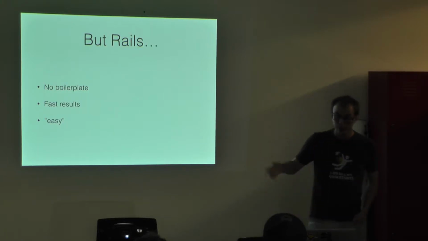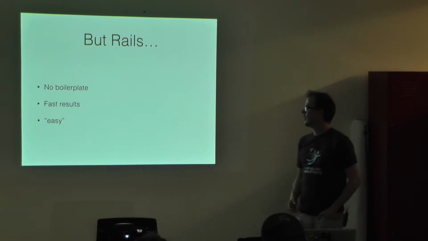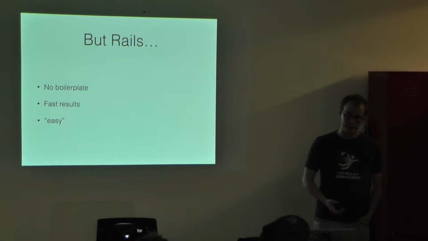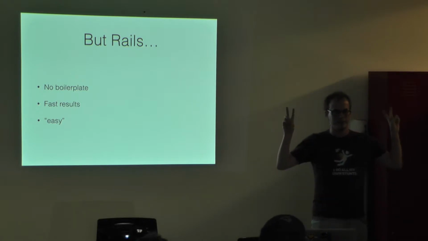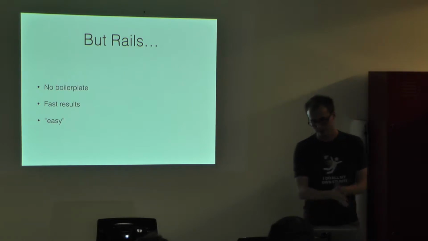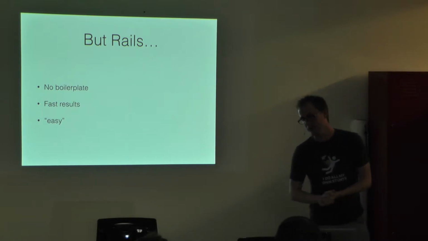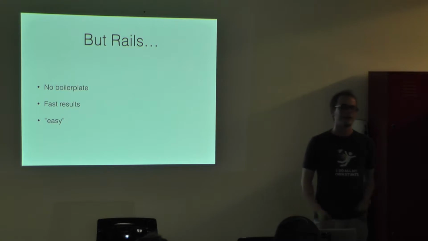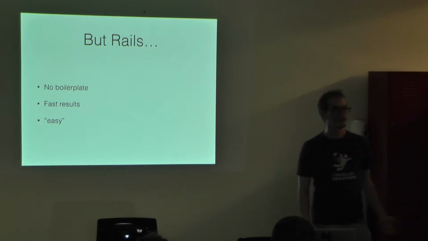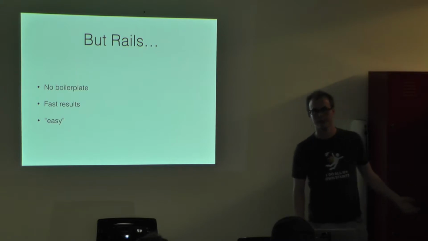But in Rails, yeah, you don't have to deal with boilerplate. You get much faster results if you build something the Rails way. It's easier, I guess. Well, not if you want to start from scratch. The thing is that I believe that each has its merits. If you want to build something fast, you want to prototype, you build something simple, go the Rails way, it's nice.